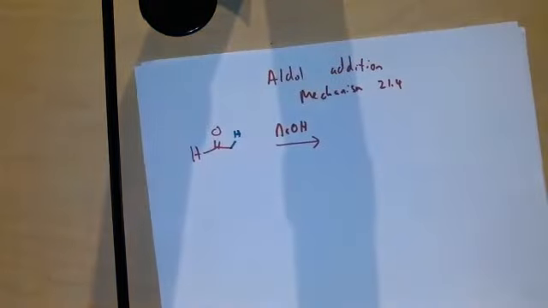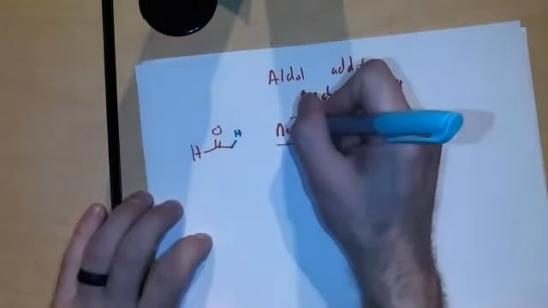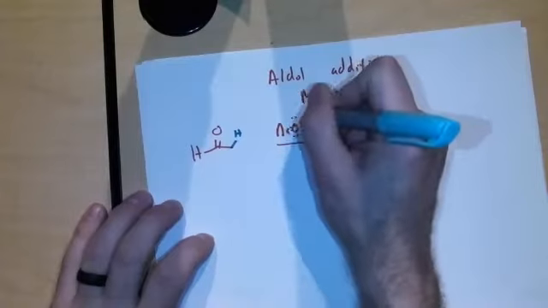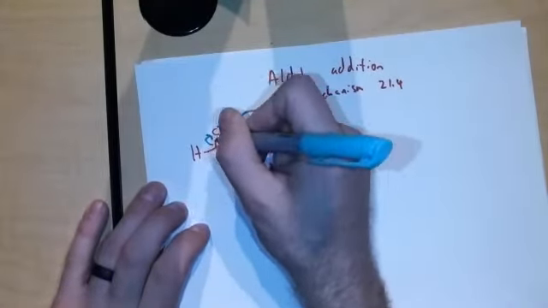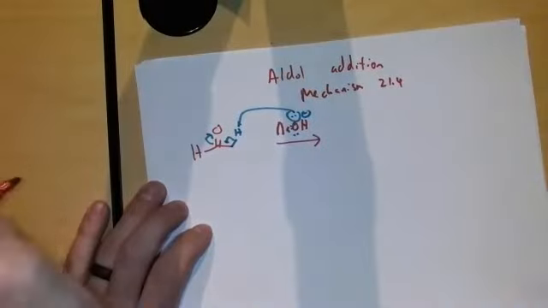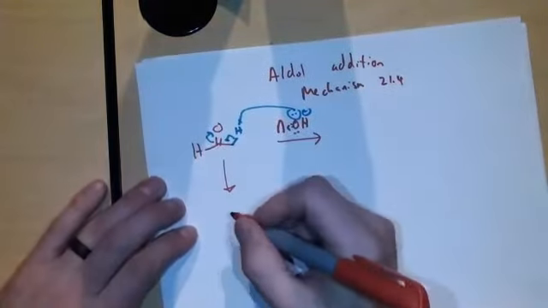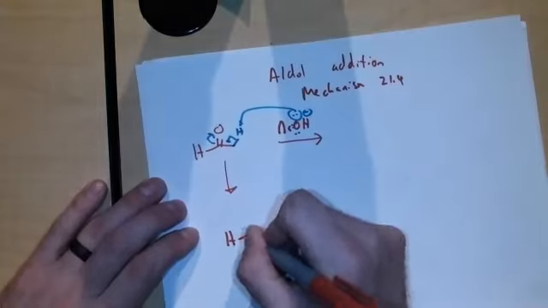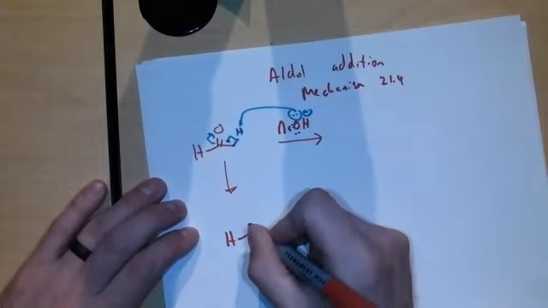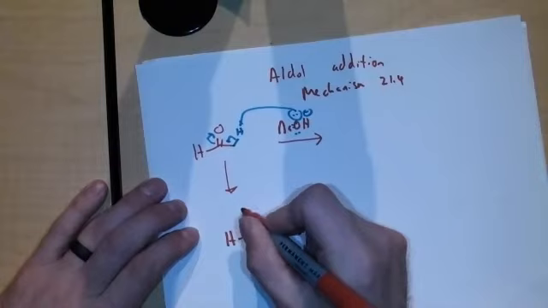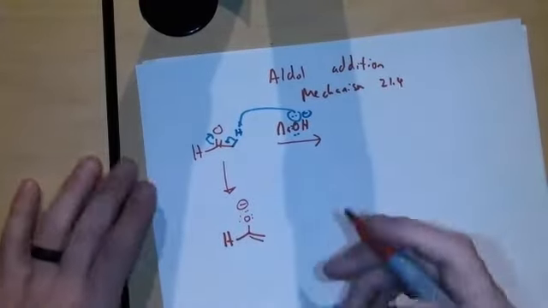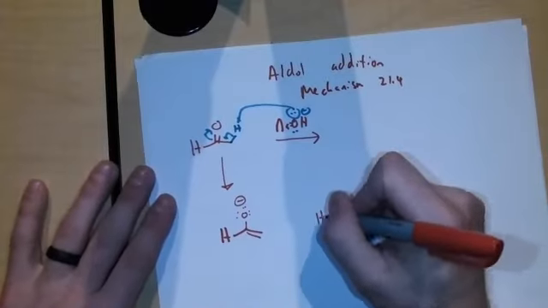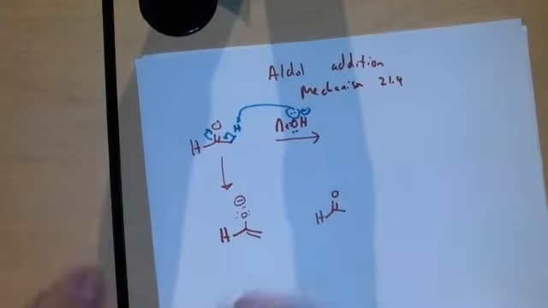We can pull off this alpha proton here and make an enolate. This can then react with another equivalent of itself, so another version of our aldehyde here.